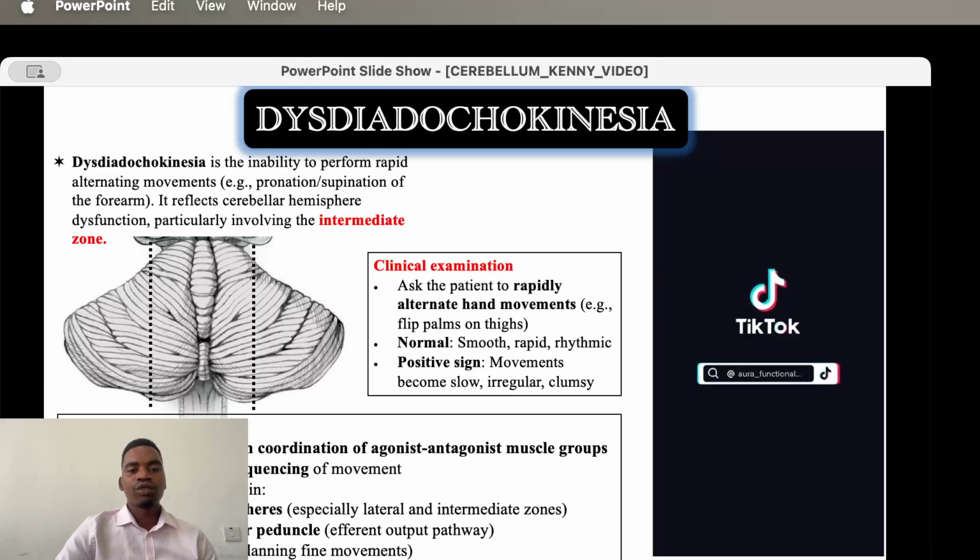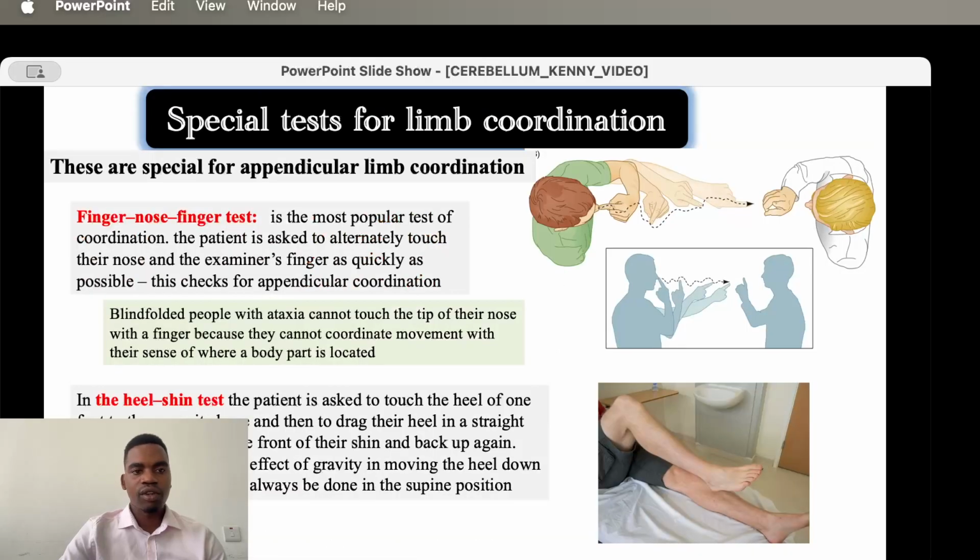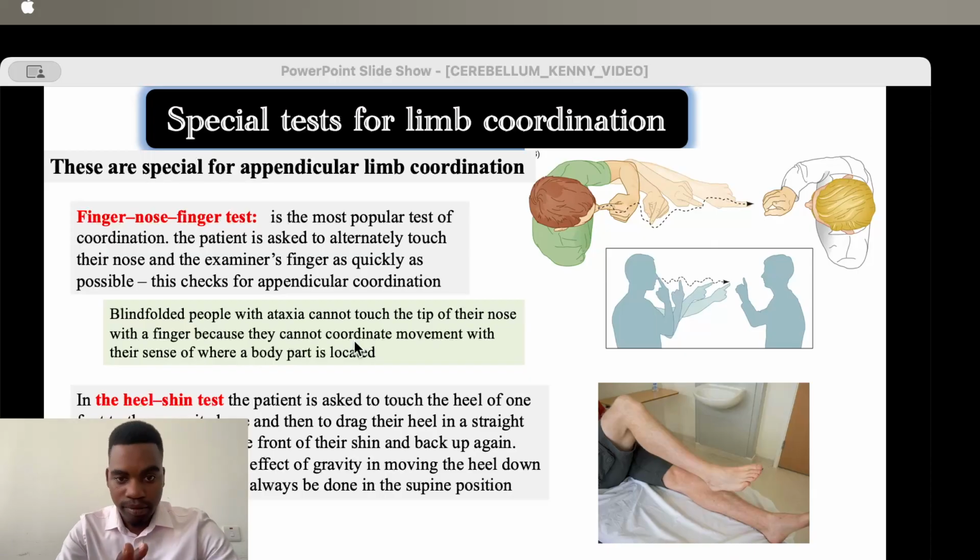Now we have two special tests that we use in daily clinical practice to test the coordination of the limbs. As I've said, you have the upper limbs and lower limbs, and each one can be affected independently of the other.